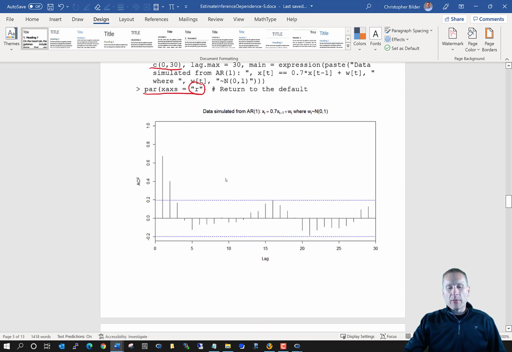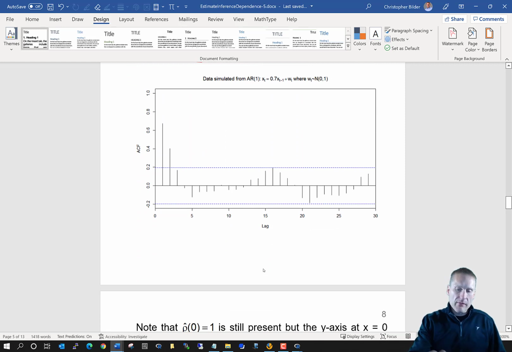And so this is what the plot looks like. While we still see lag 0 there, R is actually drawing a line right on top of where that y-axis is drawn. And so in the end, you really can't differentiate it from the y-axis line there.